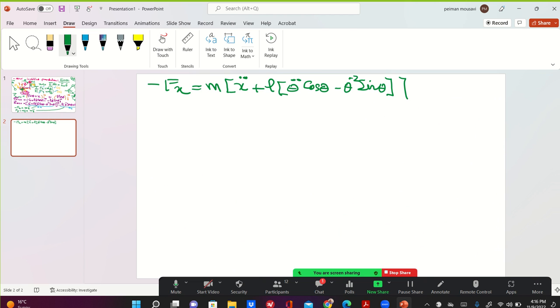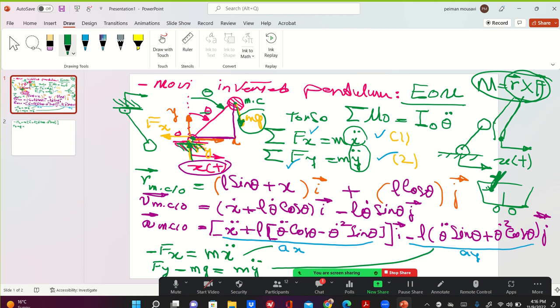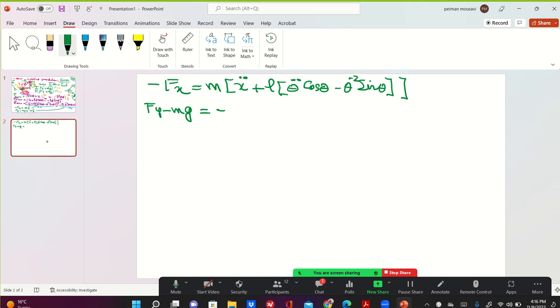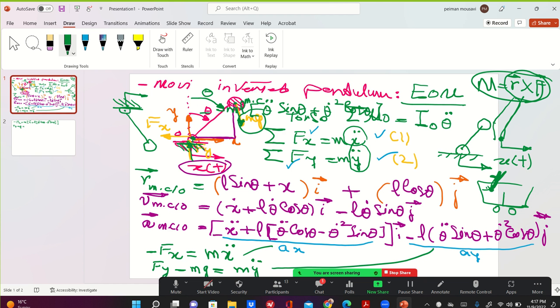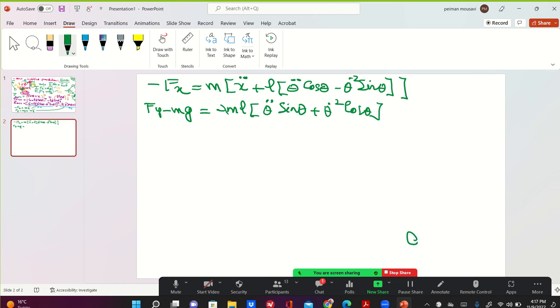Then Fy minus mg, in the second line, m y double dot is going to be minus m L theta double dot sine theta plus theta dot squared cosine theta, if I'm not wrong. Yep, this minus comes from here.